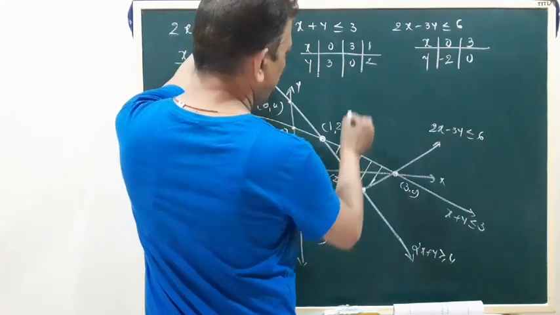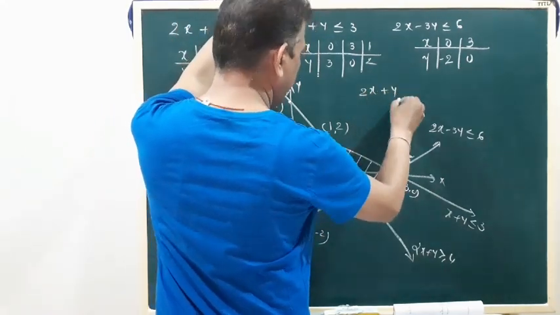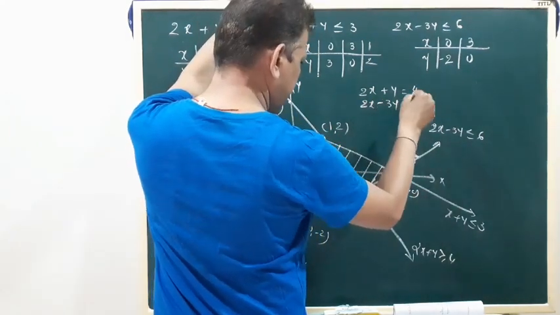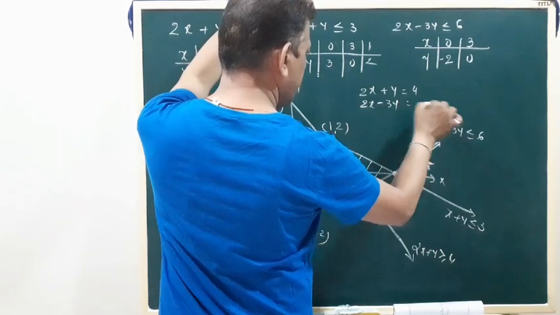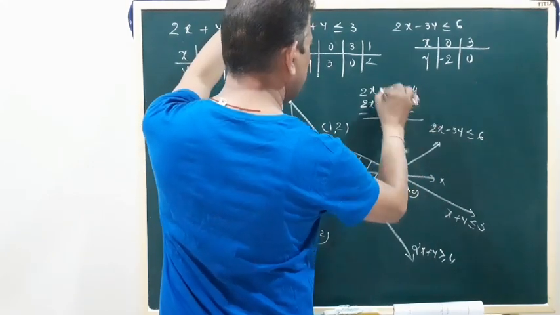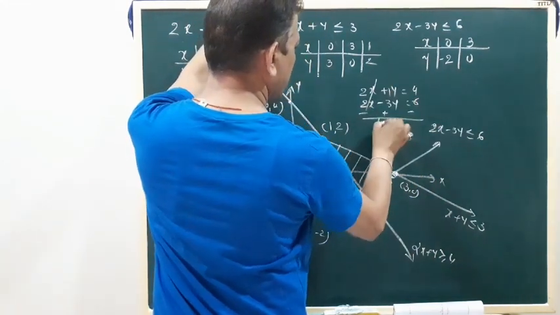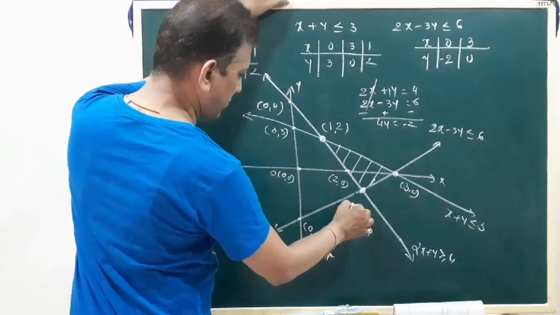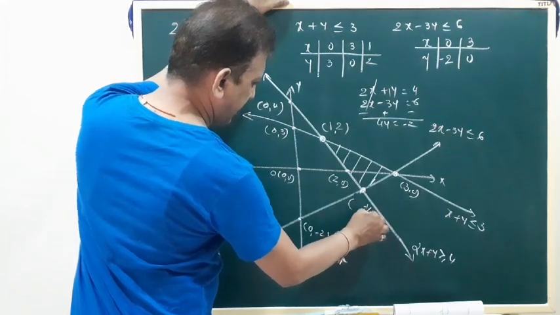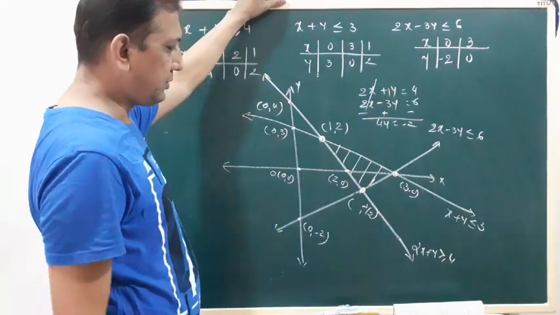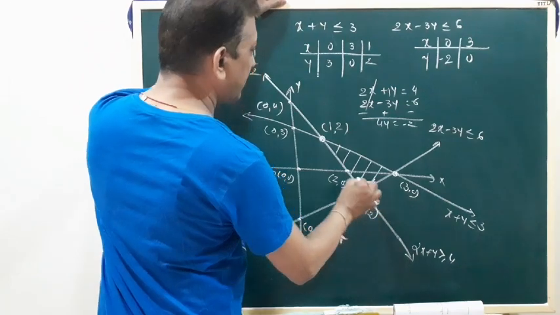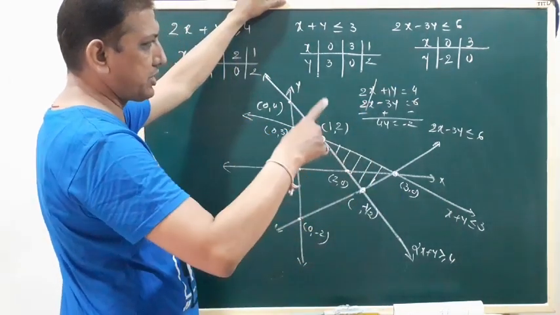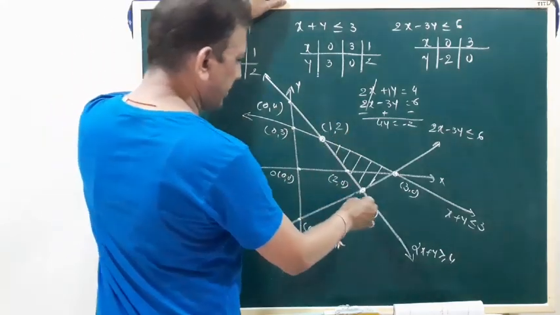The 2x terms cancel, so 4y equal to minus 2, so y equal to minus 1 by 2. Now place y equal to minus 1 by 2. We take the right side, 4 plus 1 by 2, 4 is 8 by 2 plus 1, 9 by 2, divided by 2, 9 by 4.